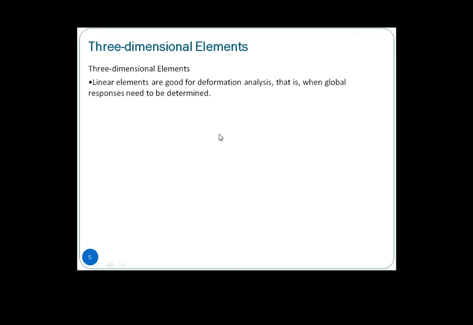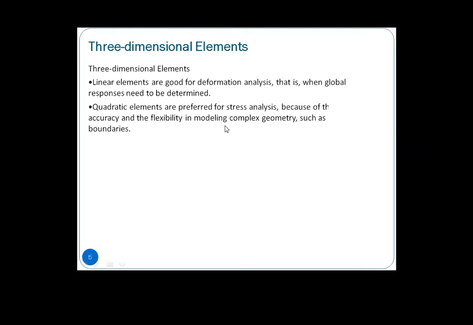Linear elements, as I mentioned just now in two-dimensional, are good for deformations, when you have a global motion, a global response to be determined. But when you are moving towards localized problems, for example stress, when you have concentrations of stress, then probably you need higher accuracy or higher orders. Here, quadratic elements are more suitable.